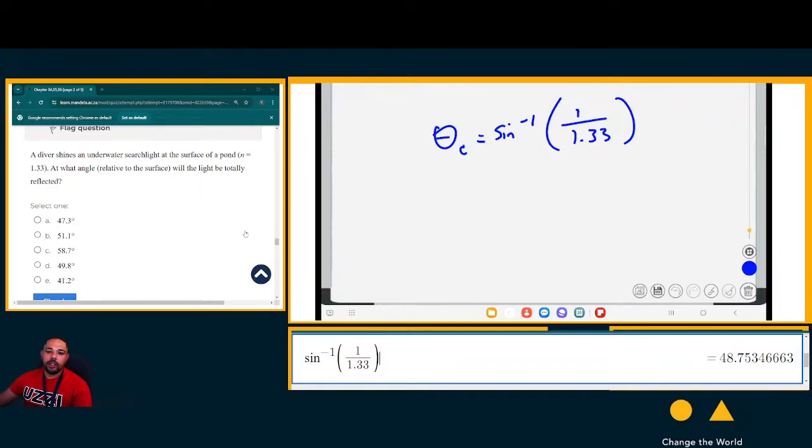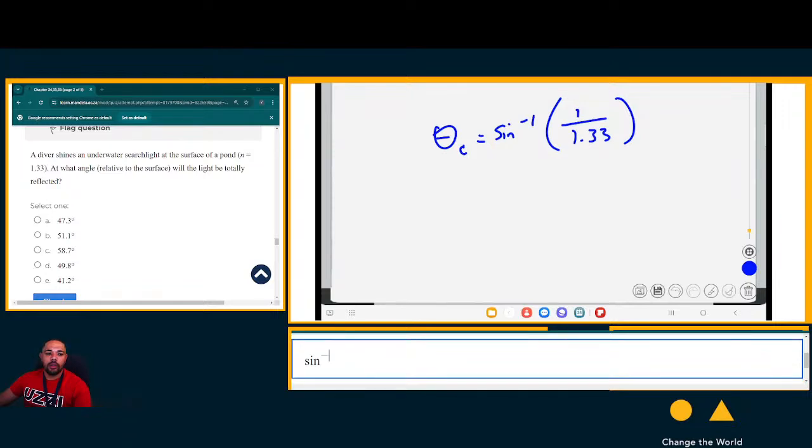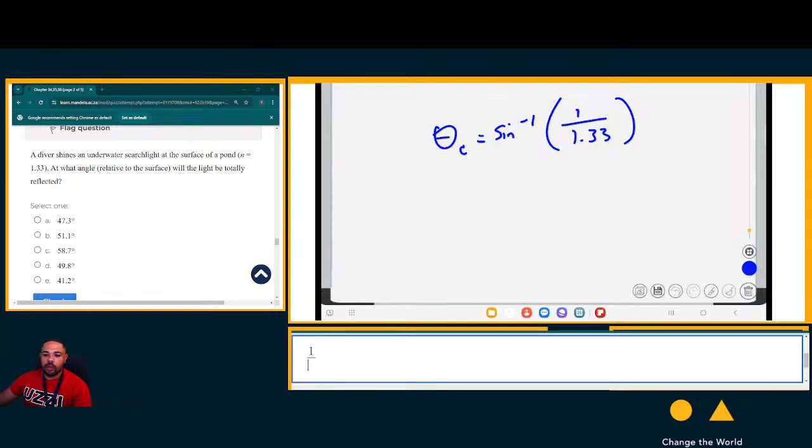Now, let me just calculate 1 divided by 1.33. That is 0.751.